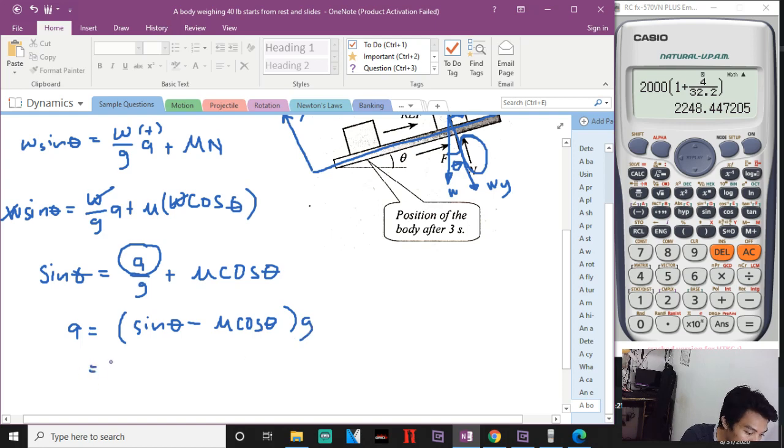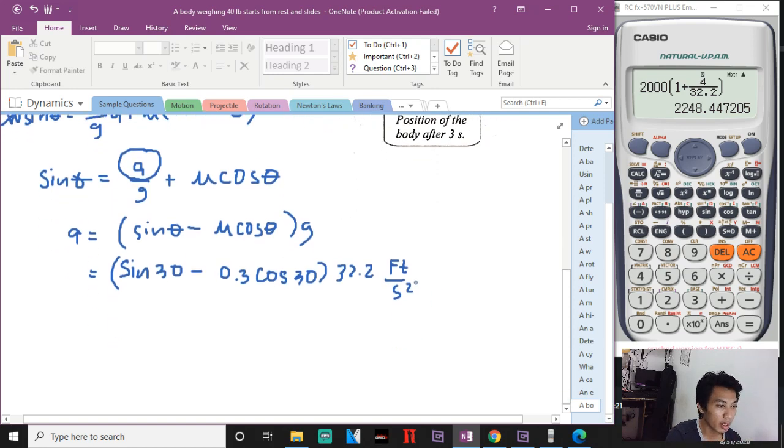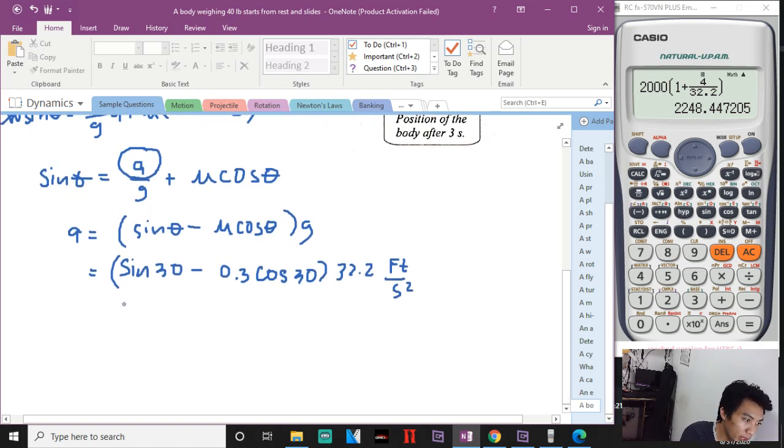Okay, mahanap na natin sa acceleration. So, this will be sin 30 minus mu 0.3 given yan, cosine 30 times g, that is 32.2 feet per second squared. Okay. Makuha natin yung value ni acceleration.